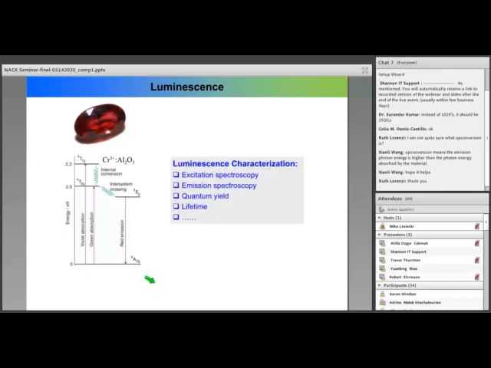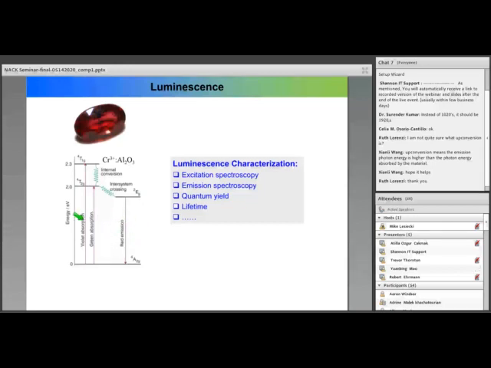So there are a few techniques that people who work with luminescence normally use, other than the other techniques. The first one is excitation spectroscopy, which is basically this process over here, and then emission spectroscopy is the process over here.